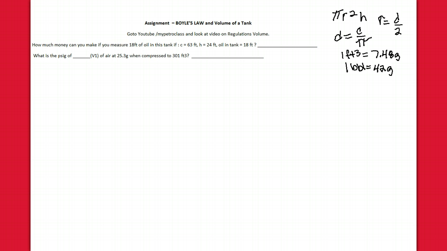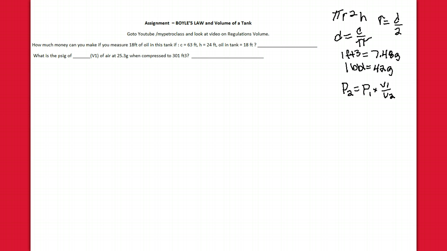Oh, the other formula, the one we got to use later: P2 is equal to P1 times V1 over V2. And that's a form of Boyle's law. So those are the formulas that we're going to be using.